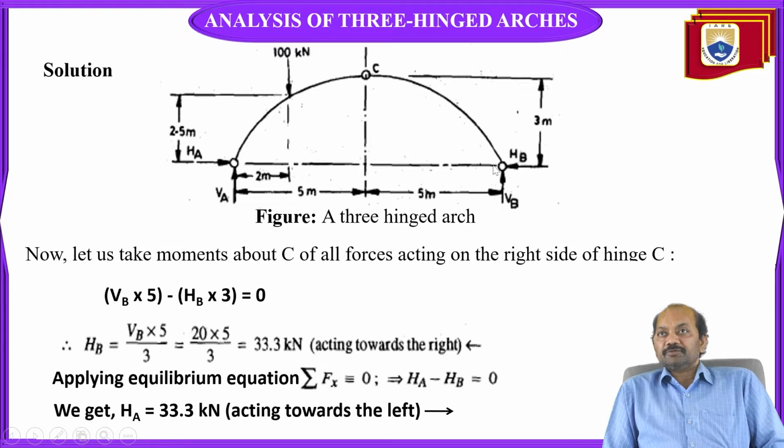Moment we have to calculate as force into perpendicular distance. HB is the force and the perpendicular distance is 3 meters. So HB into 3 is equal to 0. The reason is the moment at C is always 0, because it is a hinge.